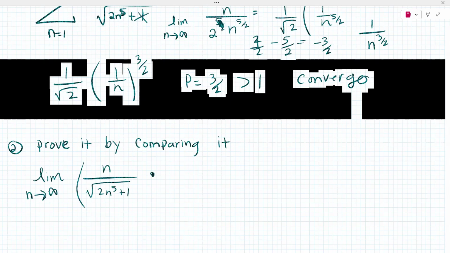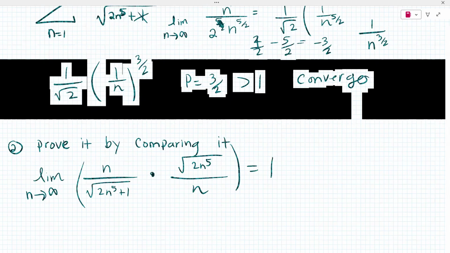And then what we do, we times it by the reciprocal of this, or the highest term on the numerator and the highest term on the denominator, which is the square root of 2n to the 5th. Yeah, we just multiply by the reciprocal of this. So it's going to be the square root of 2n to the 5th over n. And that just becomes 1.